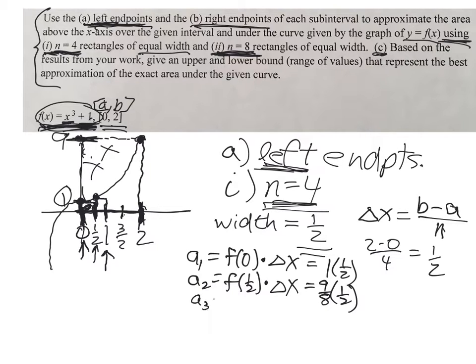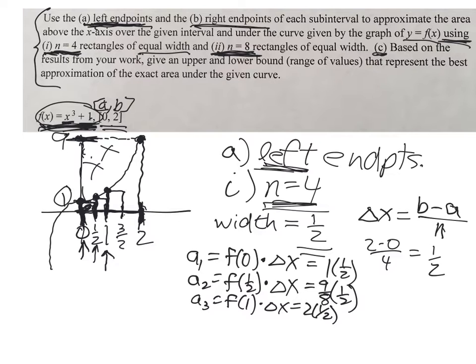So a sub 3 would be calculated by doing what? f of 1 times our delta x. And there's the rectangle that would represent it. And f of 1 would be what? 2. Okay. So 2 times 1/2 on that part.